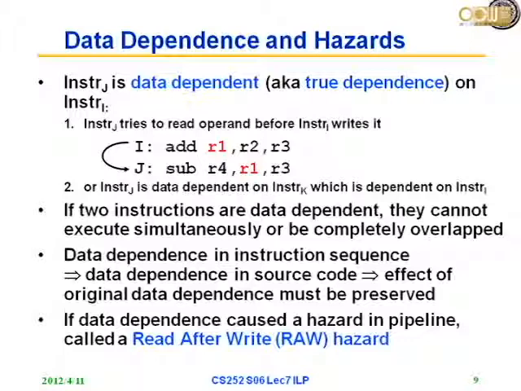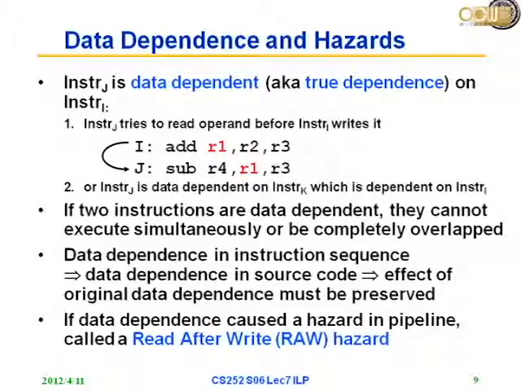In an instruction sequence, this must be the instruction execution sequence. This must abide by, follow, the data dependence in the source code. This source code should mean machine code.